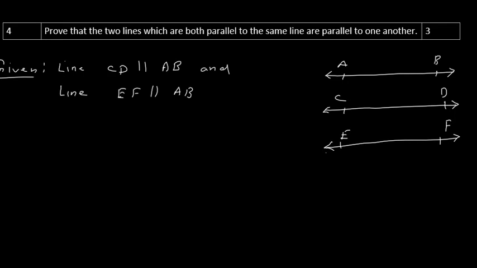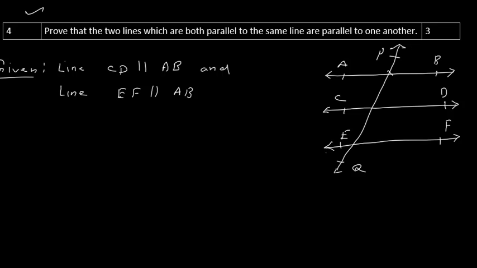Whenever proof is there, you have to write what is given and what you need to find out. They are parallel and there is a transversal, okay. We can name this transversal as PQ and it cuts these lines AB, CD and EF at 3 points.